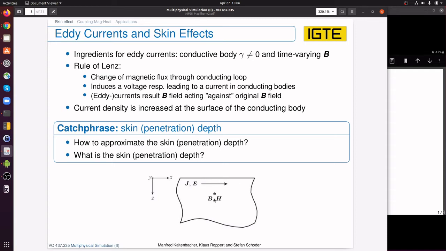Here we have some conducting material where a magnetic field B or H is prescribed, or an E field is prescribed, and we want to approximate how the fields are evolving in depth direction. In this example we'll perform it for the magnetic field strength, how this field strength is evolving in depth direction.